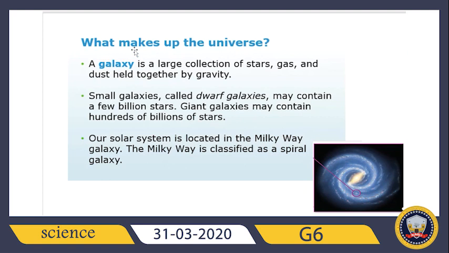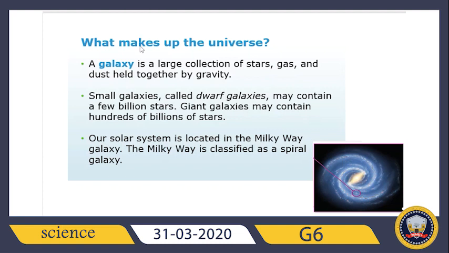So what do we mean by a galaxy? A galaxy is a large collection of stars, gas and dust held together by gravity. Our solar system is located in a galaxy called the Milky Way, as we can see here in this image.